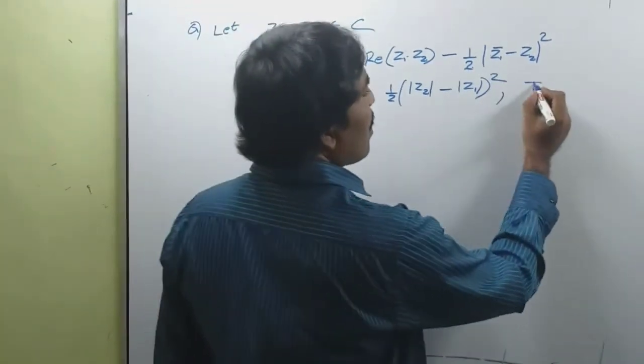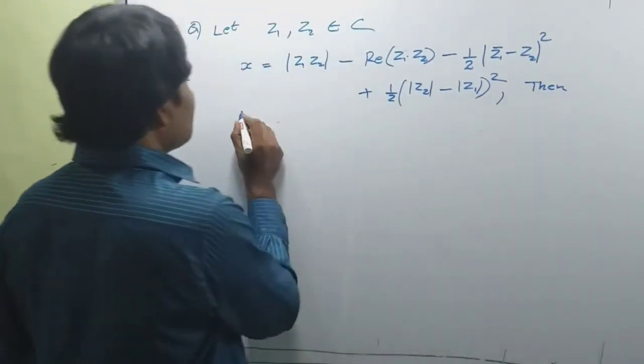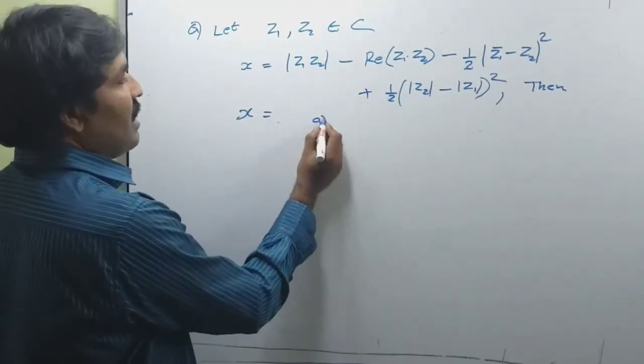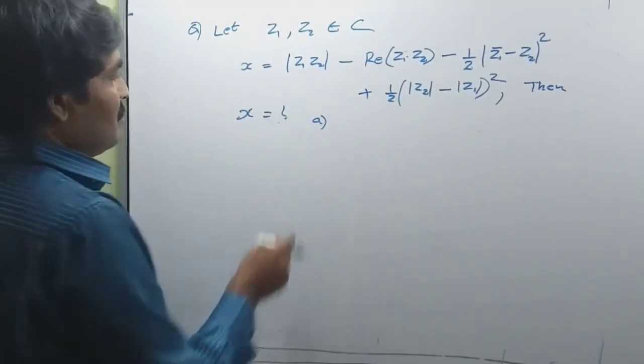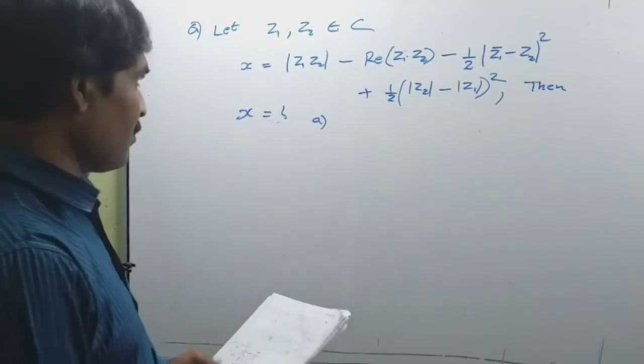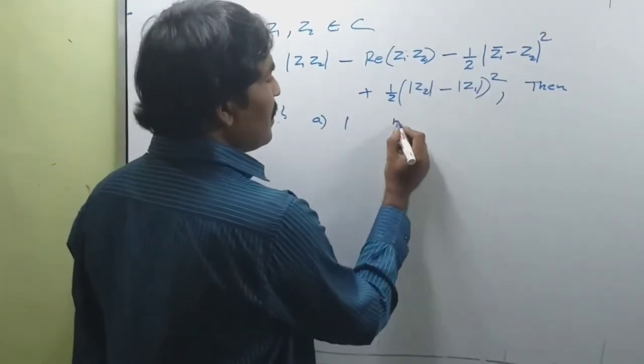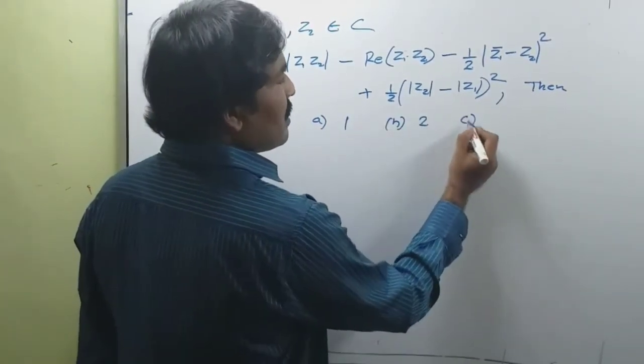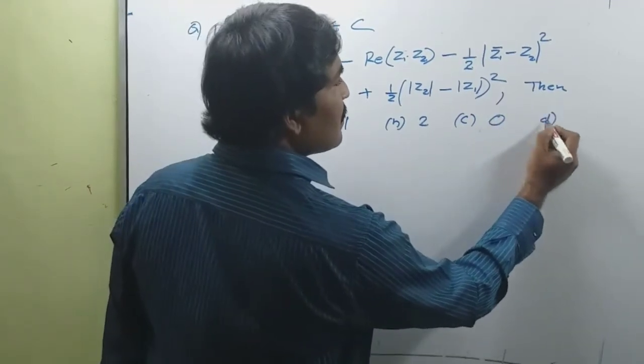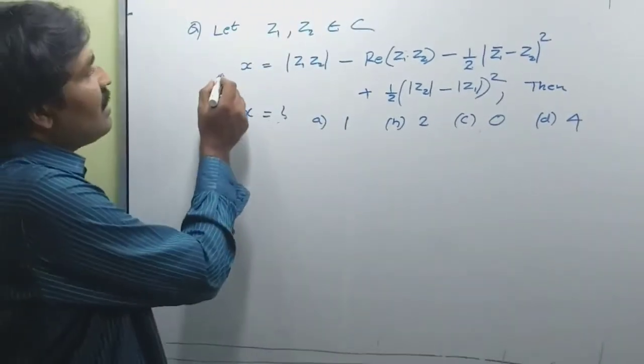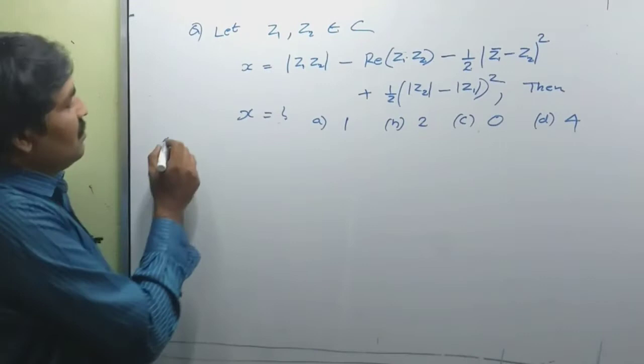Then X is equal to? The choices are A: 1, B: 2, C: 0 and D: 4. You can write it this way, so what is it?